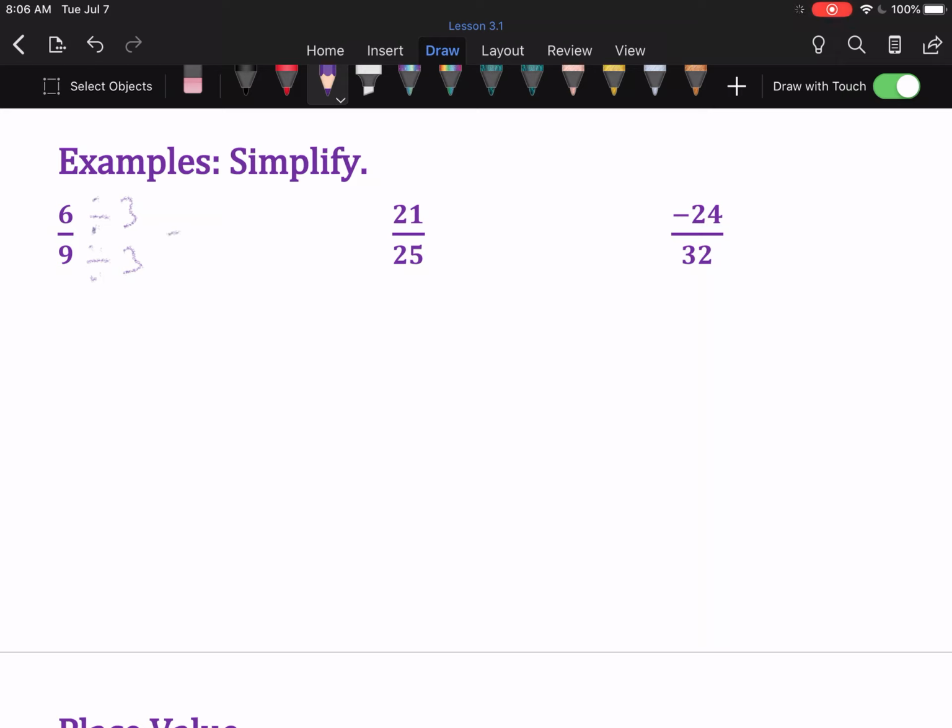There we go. 6 divided by 3 is 2. 9 divided by 3 is 3. 6/9 is 2/3. 21 and 25. 21 is divisible by itself, which doesn't go into 25, 7, which doesn't go into 25, and 3, which doesn't go into 25. Well, 25 is only divisible by 5, which doesn't go into 21. This fraction is already simplified.